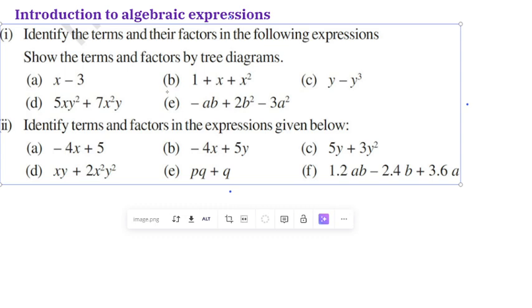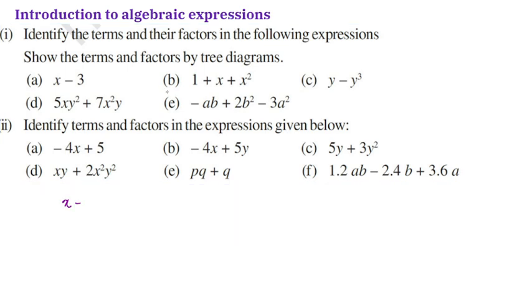x minus 3. How many terms are there? Here we can see that there are two terms because only one symbol is there in the middle. So this is the first term, this is the second term.